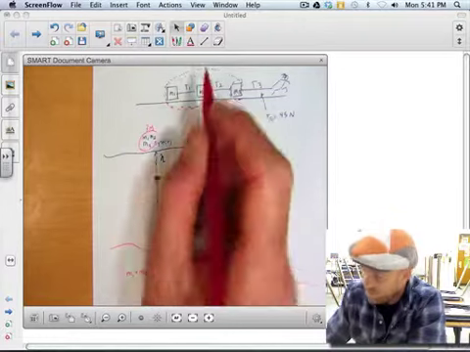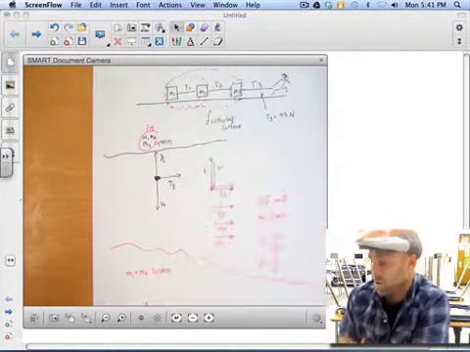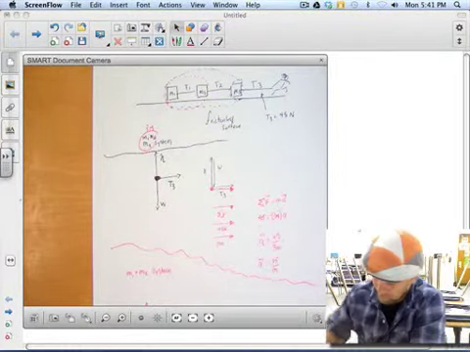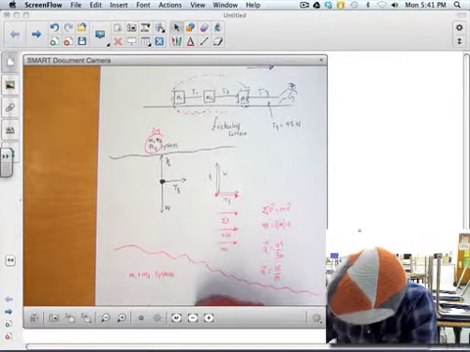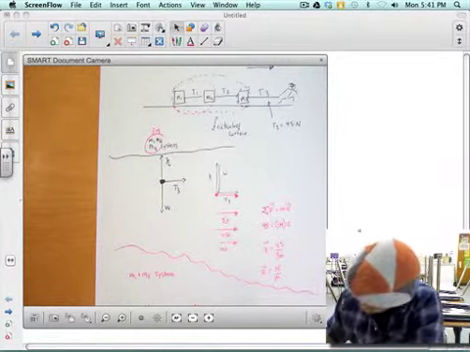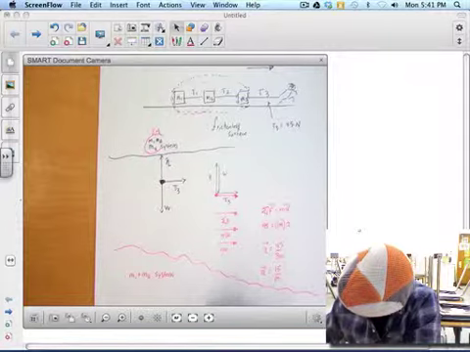I've combined M1 and M2, so I don't have to worry about T1. It's internal to my system. Let's add the vectors. I got normal, weight, and T2. So weight, normal, T2.